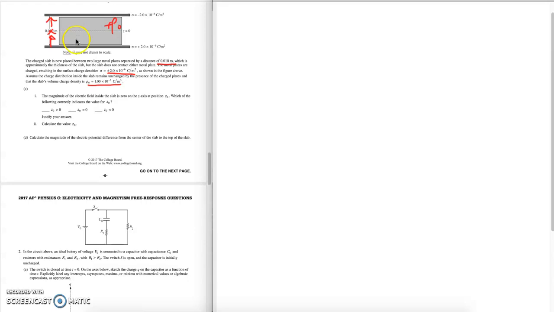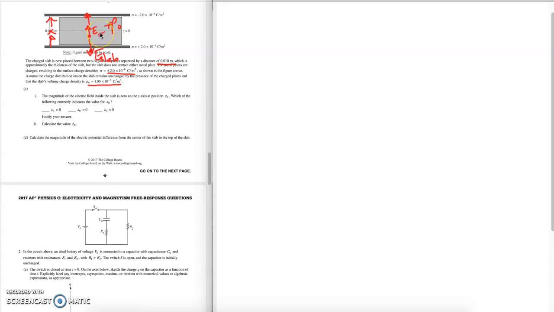Now, this guy is positive in here. So if I'm standing right here, I have up from plate 1, I have up again from plate 2, but then if you recall from part B way back at the beginning, I'm going to have down from the slab. So this is going to be E slab, and this guy is going to be E plate.